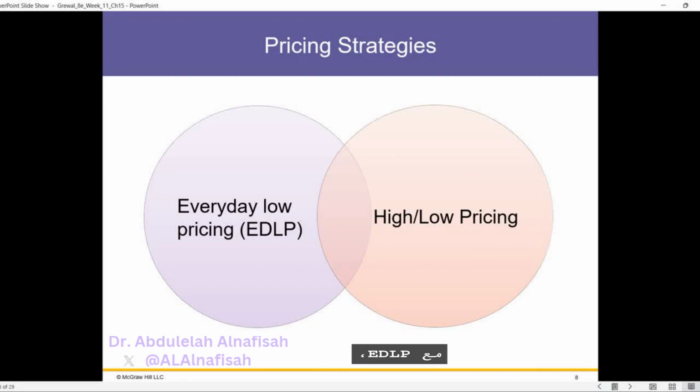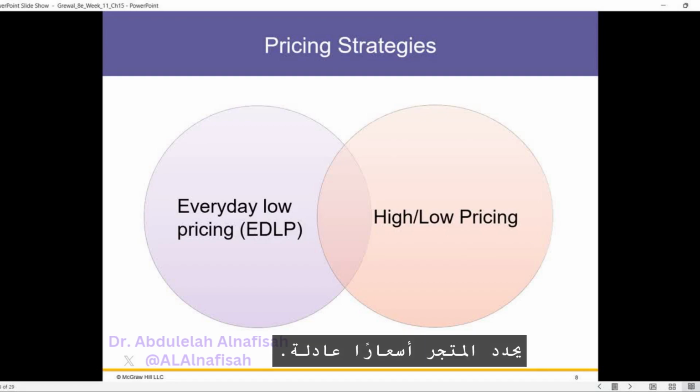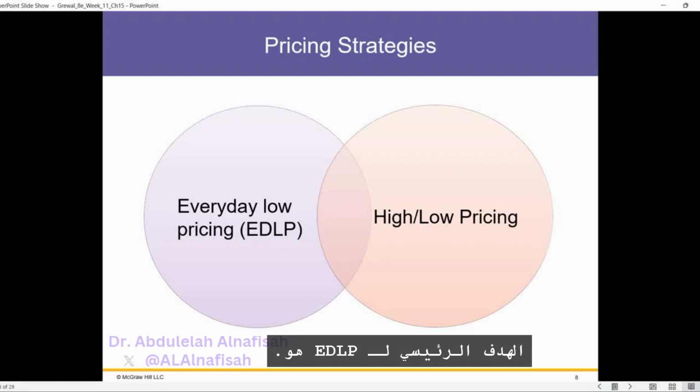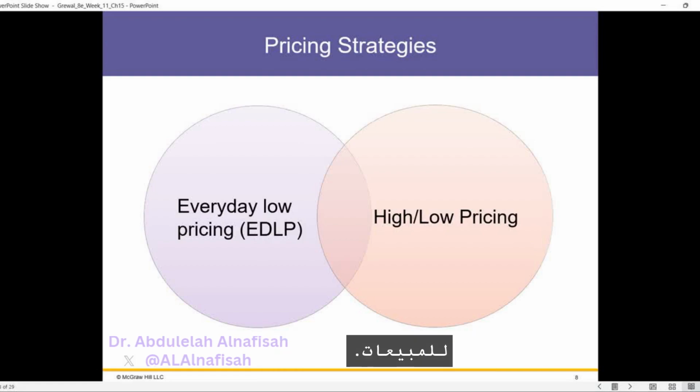With EDLP, the store sets fair prices and maintains them for an extended period, usually until there are substantial changes in costs. The main objective of EDLP is to provide customers with consistently low prices throughout the year, eliminating the need for seasonal discounts or sales promotions.